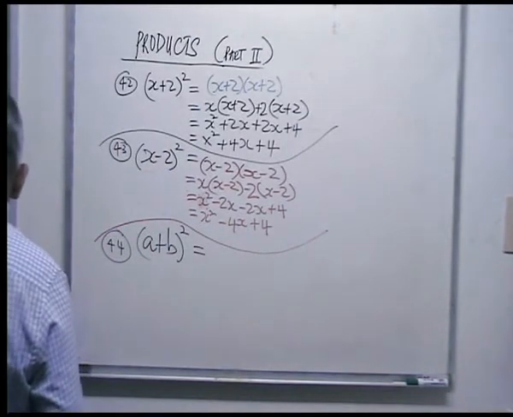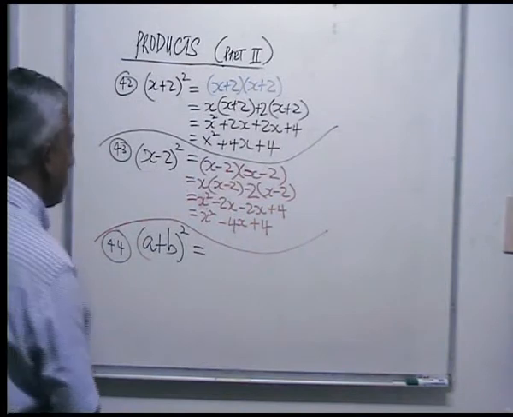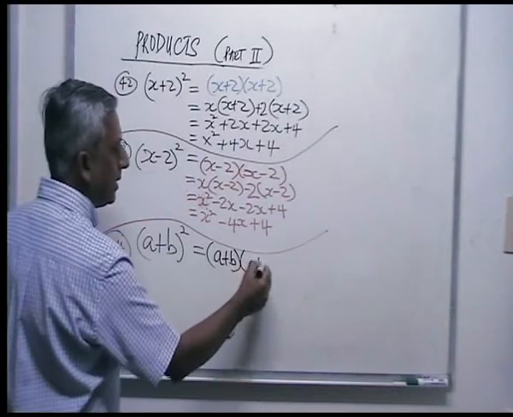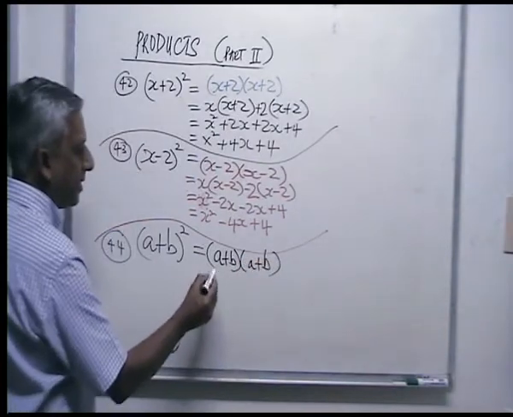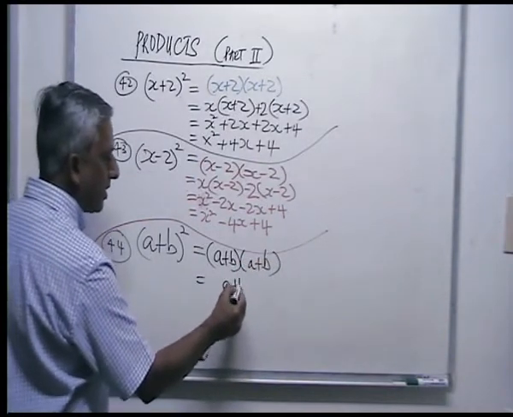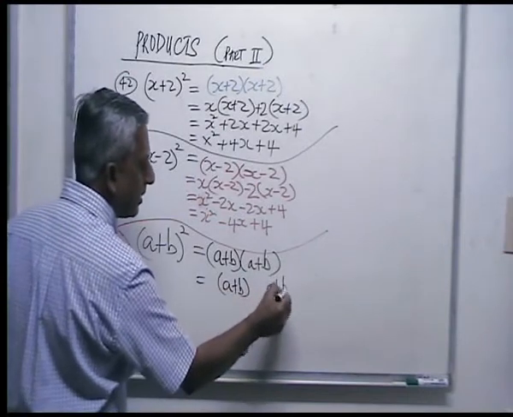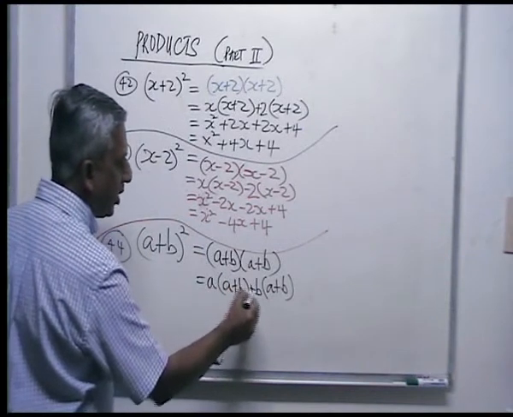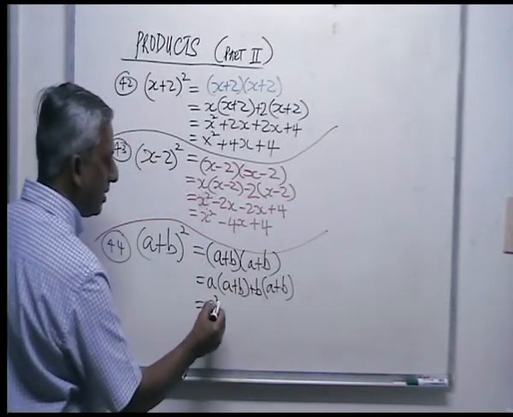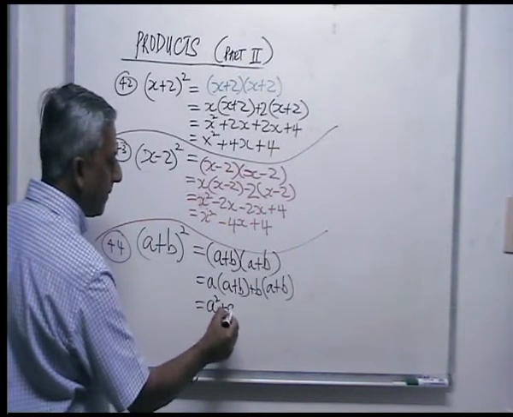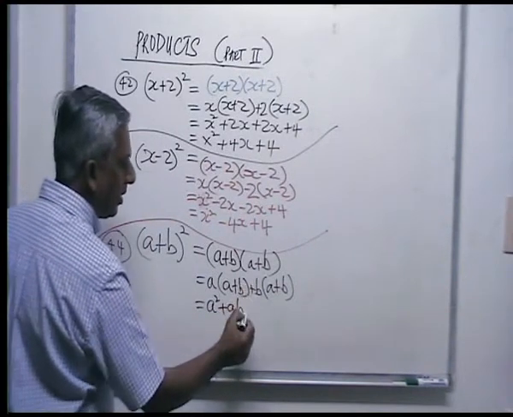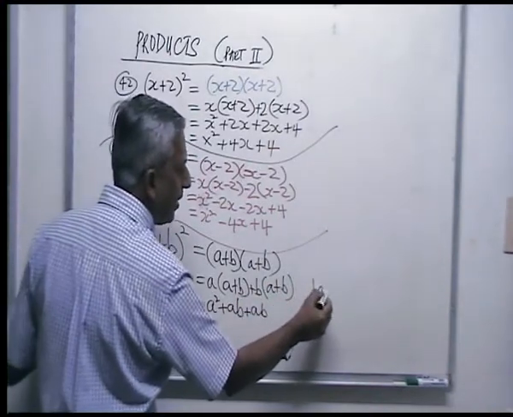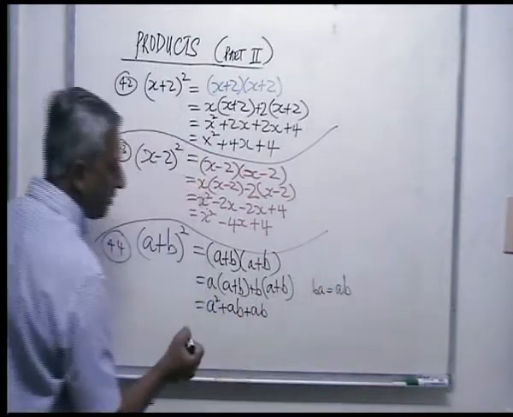And now we come to the last example, or number 44. I trust you wrote a plus b into a plus b, and then you have to write the second bracket 2 times. Here you have a, here you have plus b, and that gives you a squared ab. ab, see b times a, again it's ba, which is the same thing as ab.